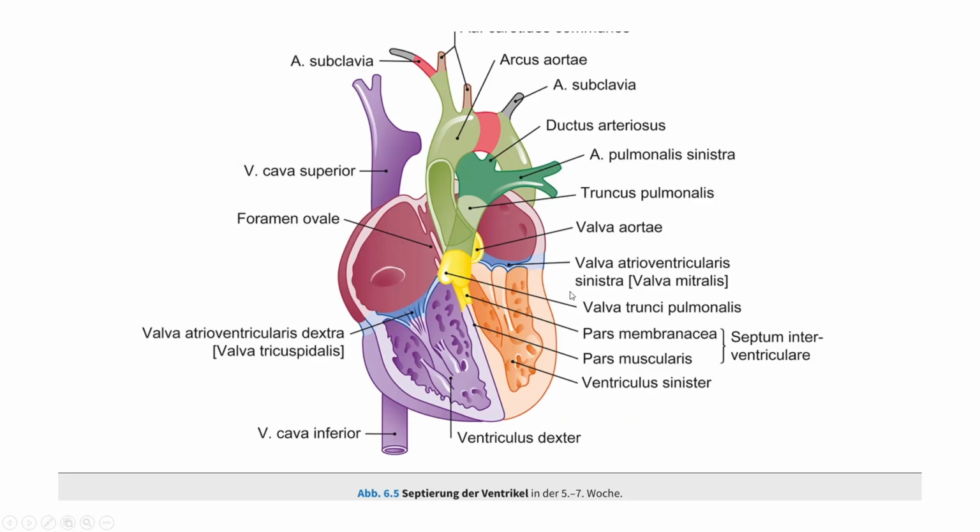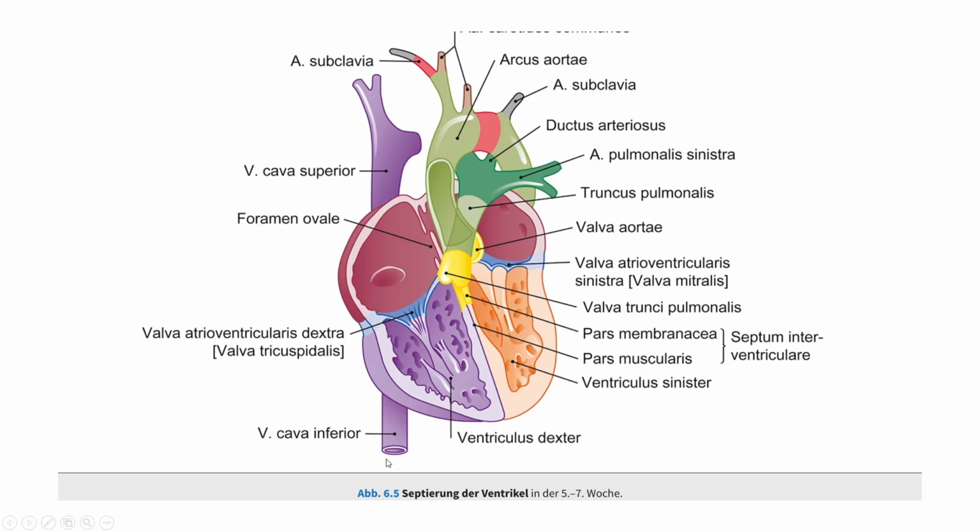In this picture we again see it, but this picture is special. This is the heart in the 5th to 7th week, which isn't for the adult, it's when the heart develops. And we see important differences, we have, for example, the foramen ovale, which is then later closed.